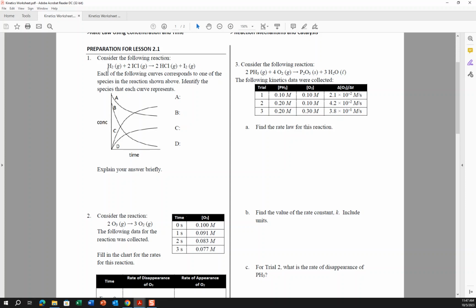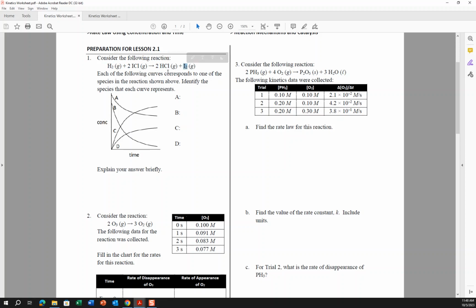We could look at how fast the reactants are consumed, or how fast the products are produced. But we also want to understand that there's a stoichiometric relationship here. For every one H2 that is consumed, you have to lose 2 ICl. Or for every 2 HCl that get formed, only 1 I2 gets formed.